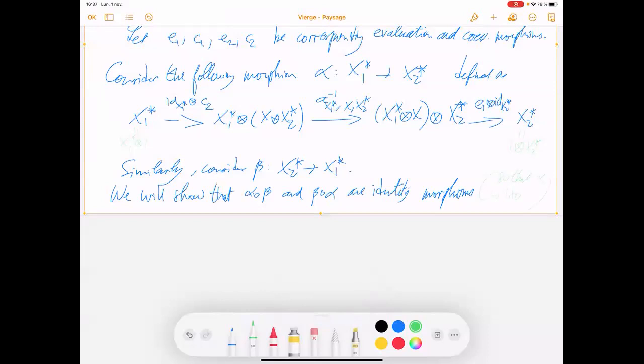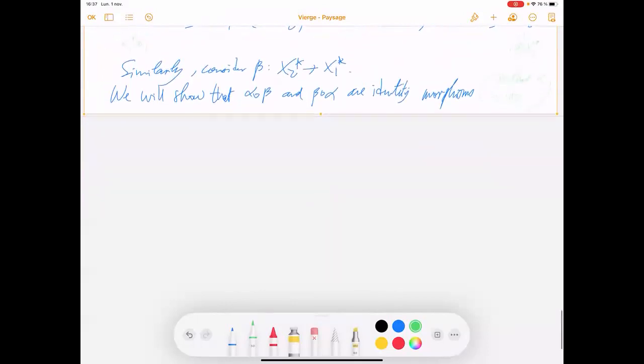And then we will prove that alpha preserves the evaluation and co-evaluation and is the unique one preserving.